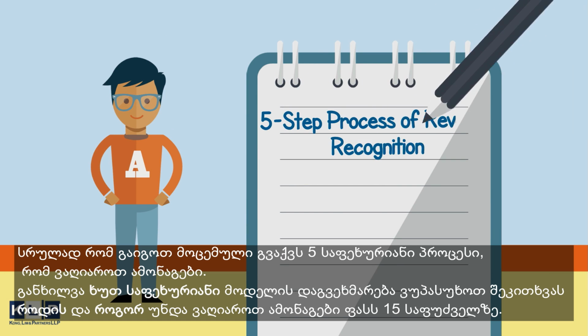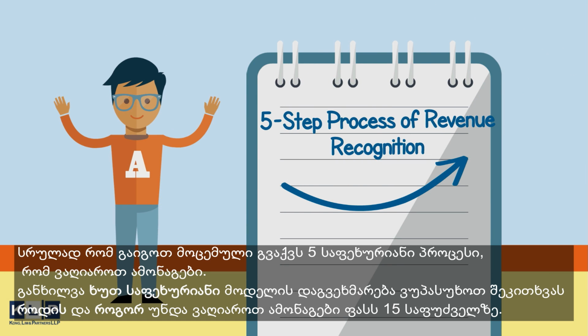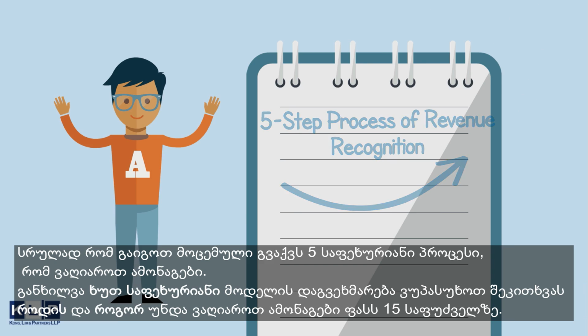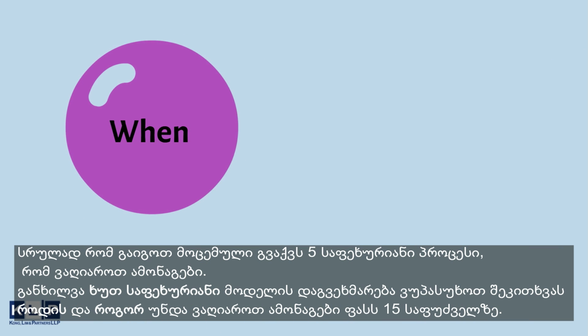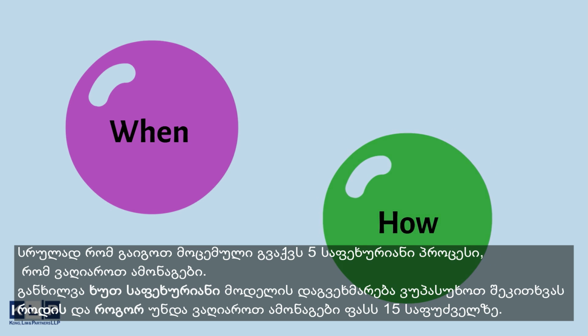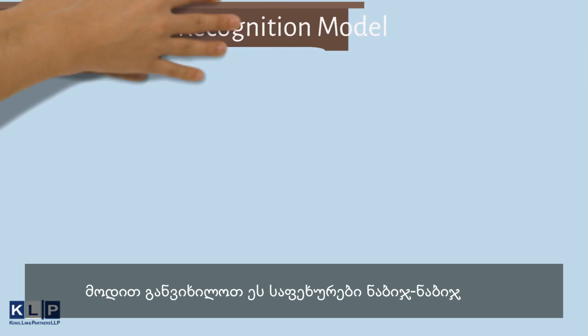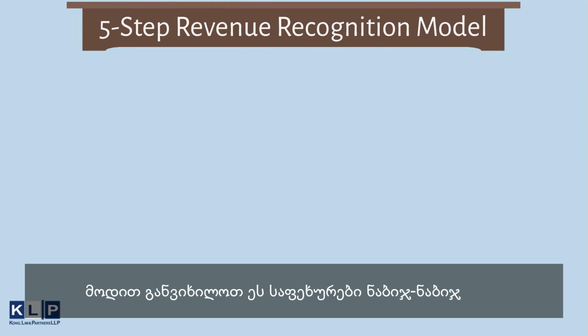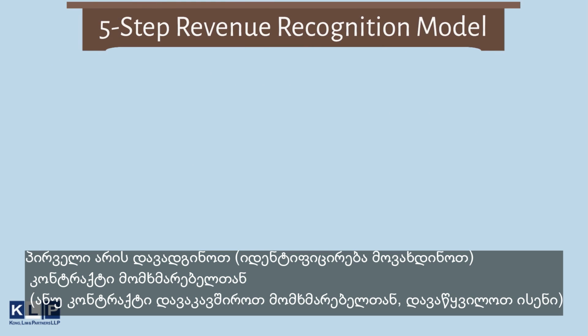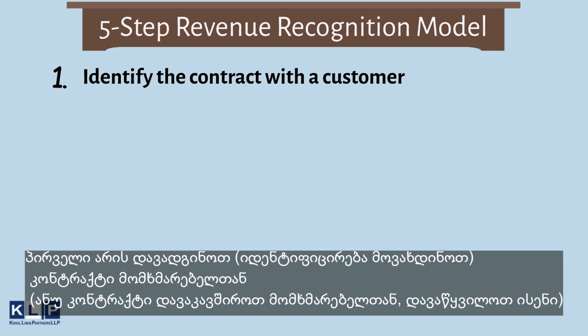Once that is understood, it brings us to the 5-step process of revenue recognition. Going through this 5-step model will help you answer the question of when and how to recognize revenue under the IFRS 15 standard. Let us go through what these steps are. Step 1 is to identify the contract with a customer.